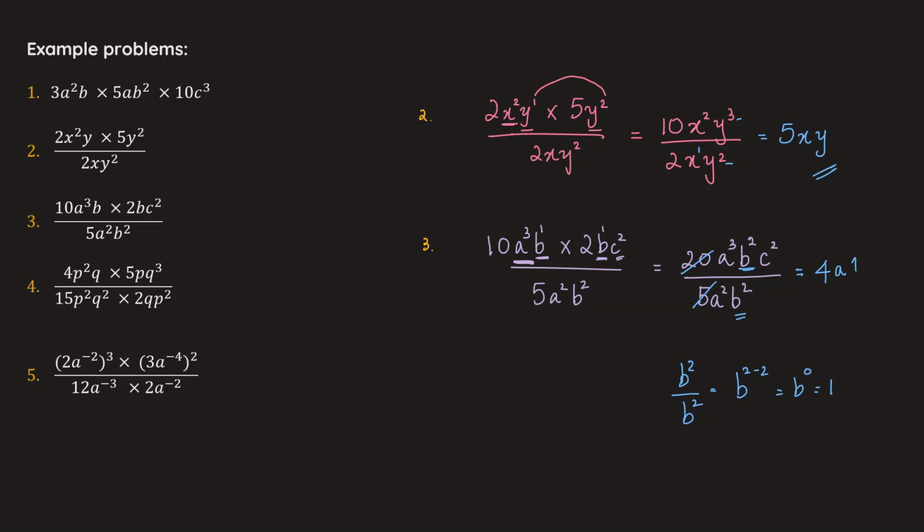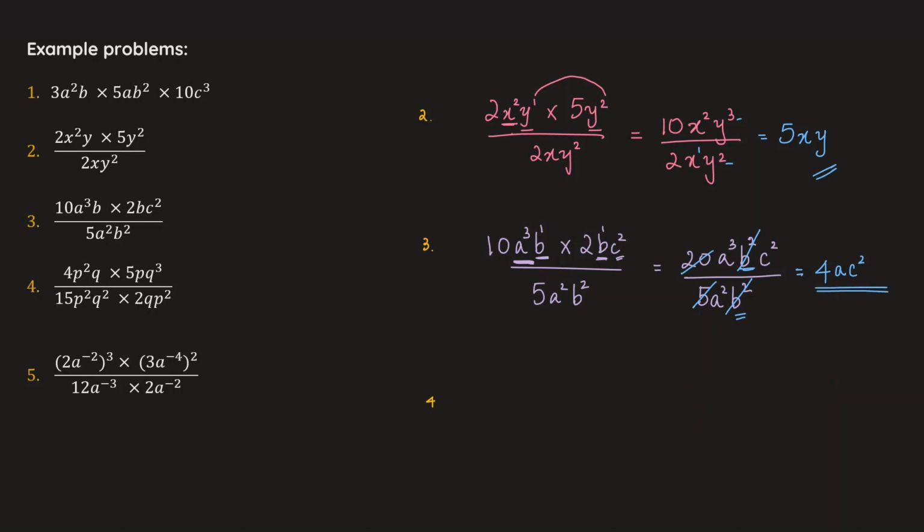We don't need to write 1 here because we are just multiplying. In a multiplication, 1 doesn't have any contribution because anything times 1 is itself. So the b term entirely got cancelled off. And c squared, that's alone. It doesn't have anything to subtract, so we're just going to say c squared.